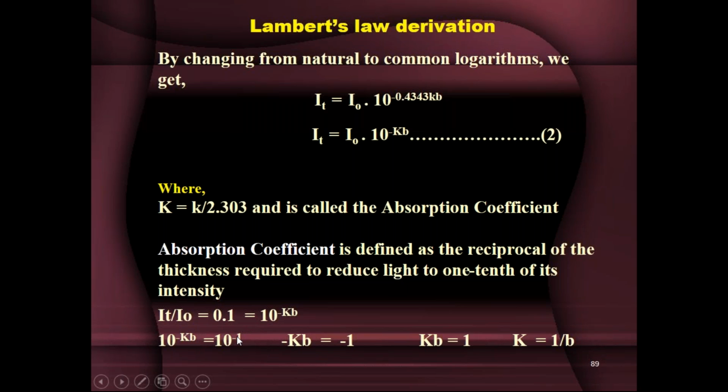So both the powers would be equal. So minus KB equals minus 1. Therefore, KB equals 1 and K equals 1 by B. That's how we come back to this definition of absorption coefficient. It is defined as the reciprocal of the thickness required to reduce light to 1/10 of its intensity.